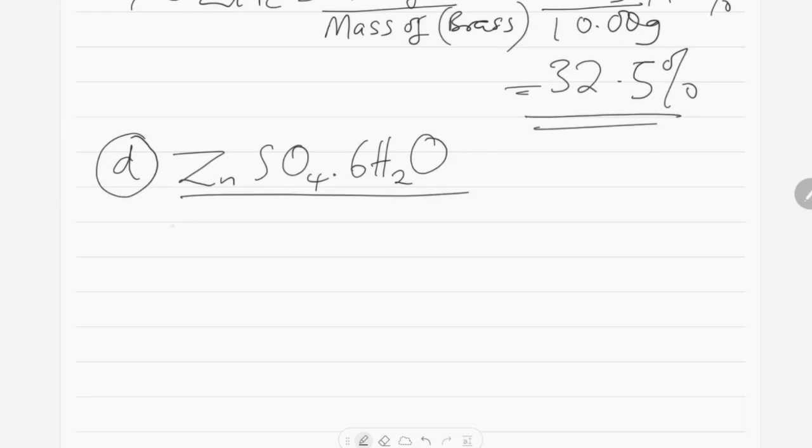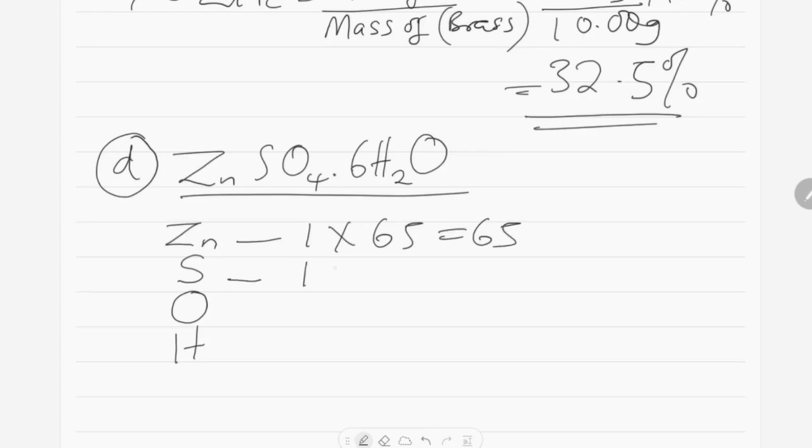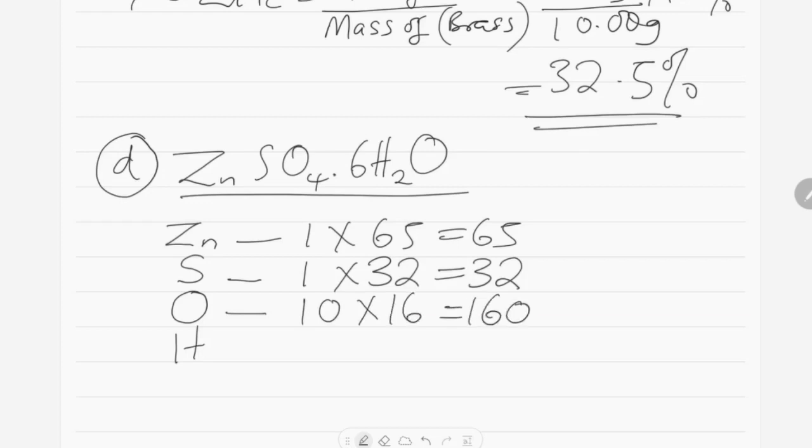So in this zinc sulfate, we have zinc, sulfur, oxygen, and hydrogen. There's only one atom of zinc, so it will be 1 times 65, giving us 65. Sulfur, there's also 1 times the mass number, which is 32, giving us 32. Oxygen, there are 4 plus these 6 this side, making them 10 times 16, giving us 160.